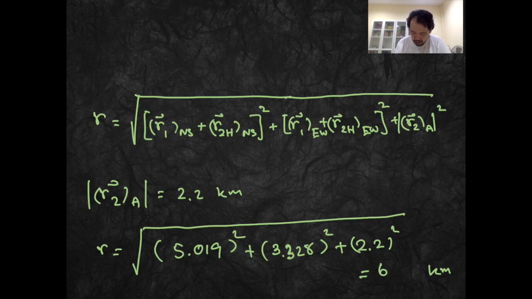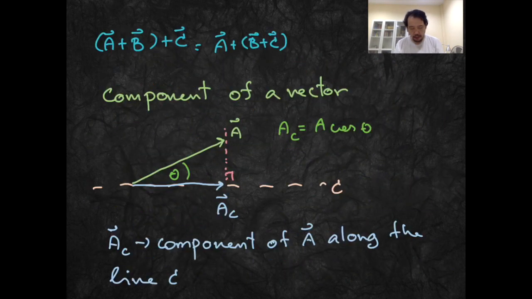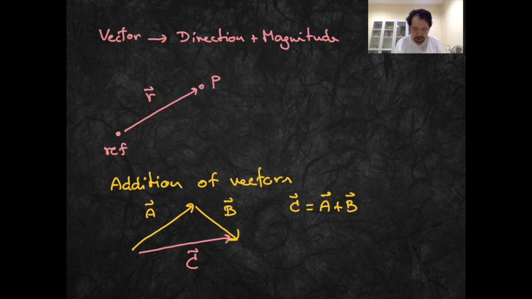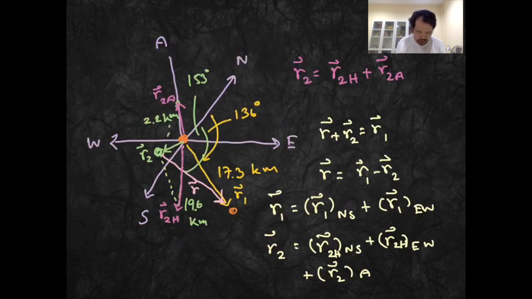The result is 6.005 kilometer, which if we round the number becomes 6.31. Okay, and the answer is 3.